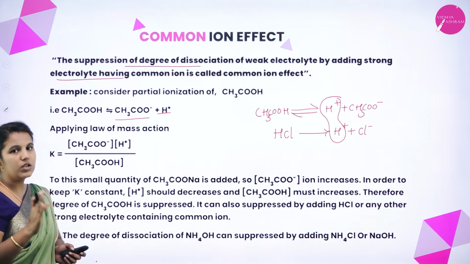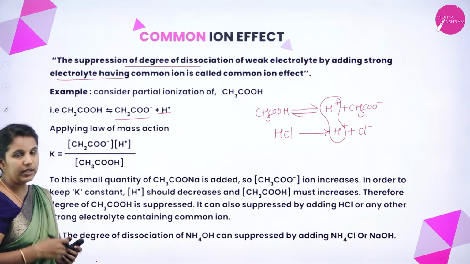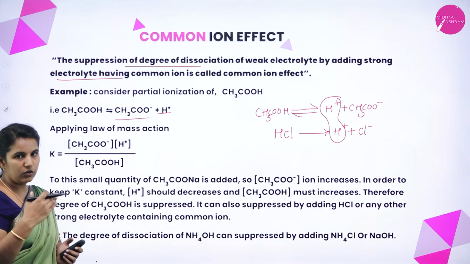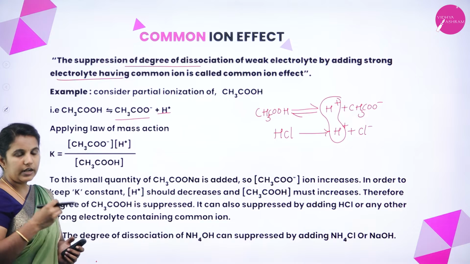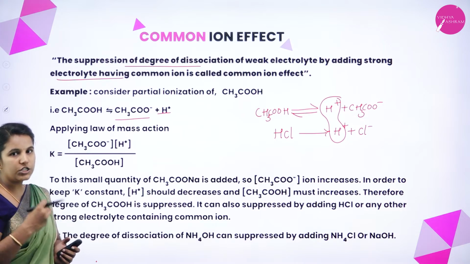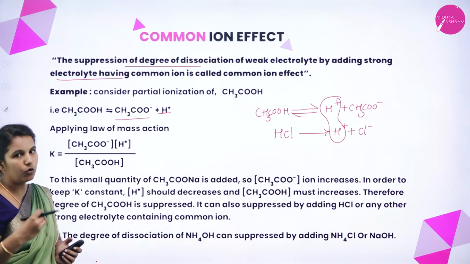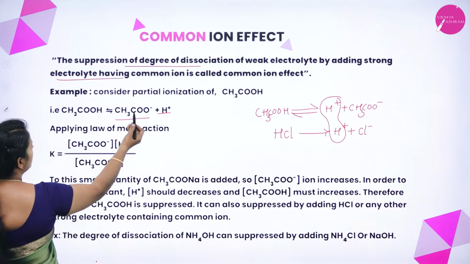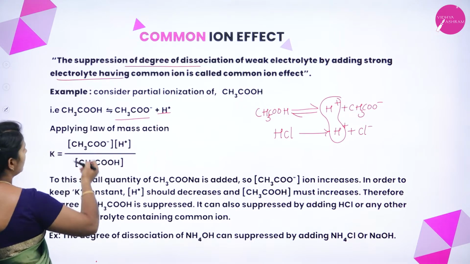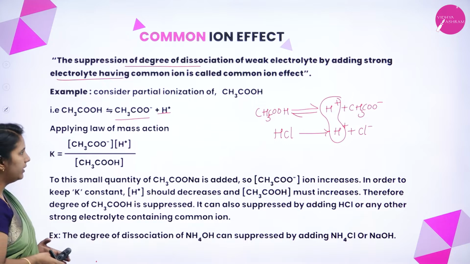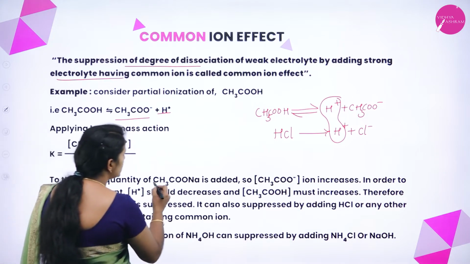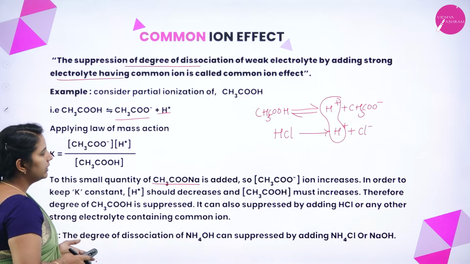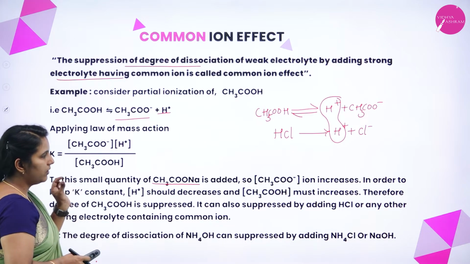Now for this equation, if you apply the law of mass action, the dissociation constant is obtained by the ratio of the molar concentration of the products divided by the molar concentration of the reactant. So here K is equal to the molar concentration of the products divided by the molar concentration of the reactant. To this, a small quantity of sodium acetate is added, so the acetate ion concentration will increase.